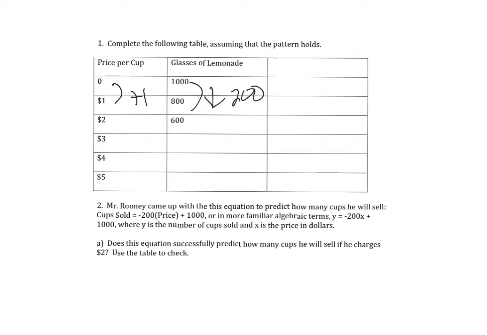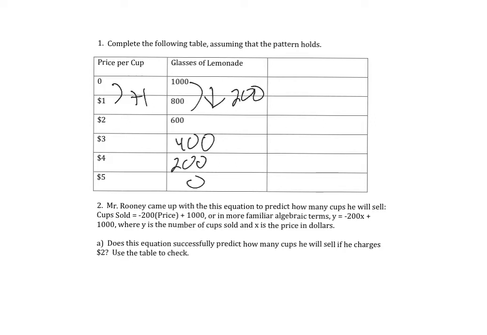So when we go from 2 to 3, we go from 600 to 400, then from 400 to 200, and by the time we charge $5, no one wants to buy it. It's too expensive. Okay, so the equation we came up with: since the rate of change is negative 200, in other words, every time price goes up by 1, glasses demanded goes down by 200.